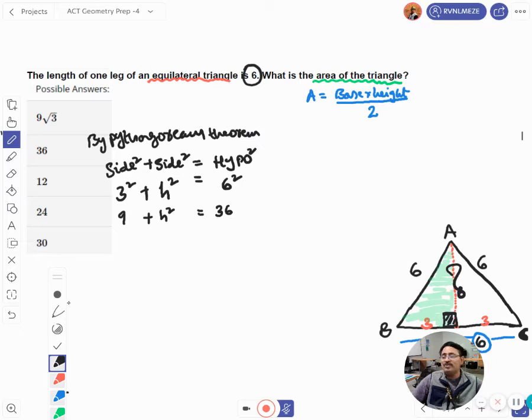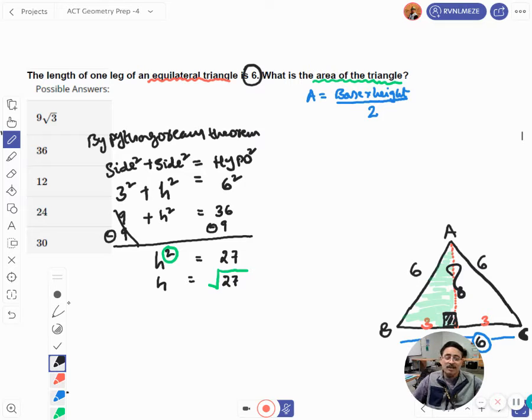Now you can isolate h. Let me subtract 9. So h square equals 36 minus 9, which is 27, and to eliminate the square, on the other side you have to take the square root. So h is square root of 27.